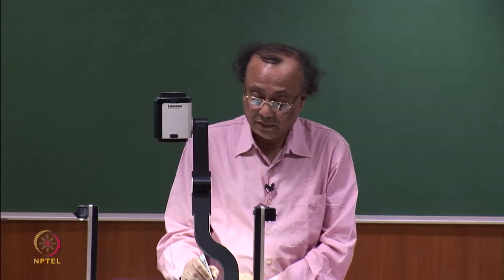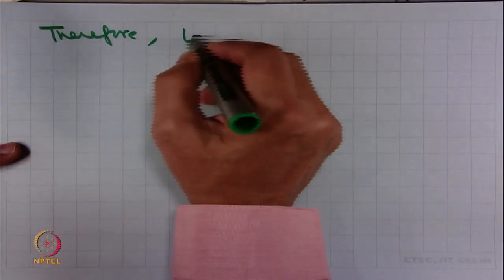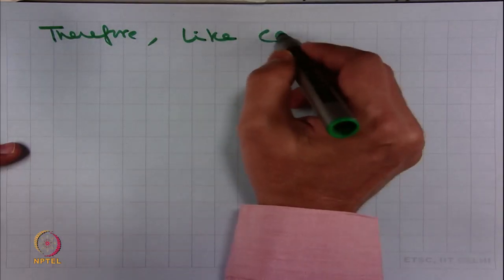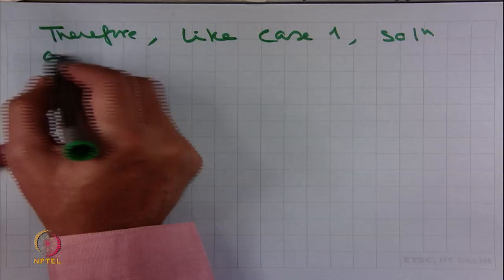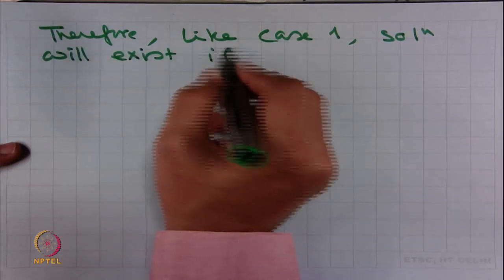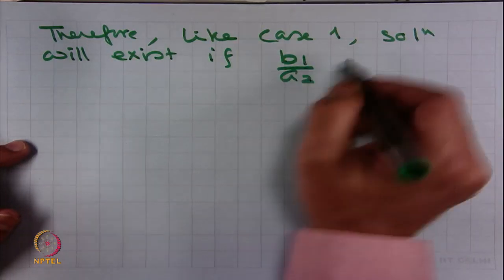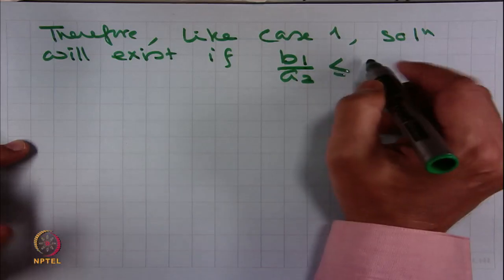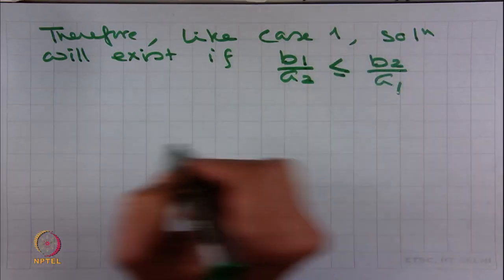Therefore, like case 1, solution will exist if B1 upon A2 is less than equal to B2 upon A1.